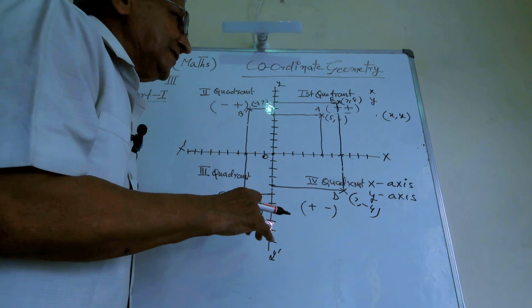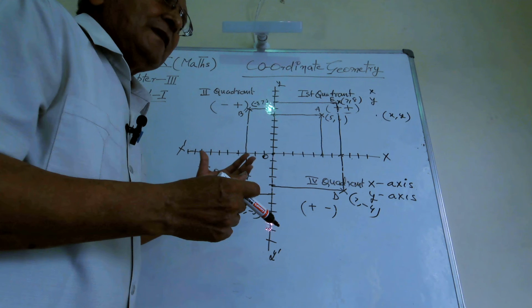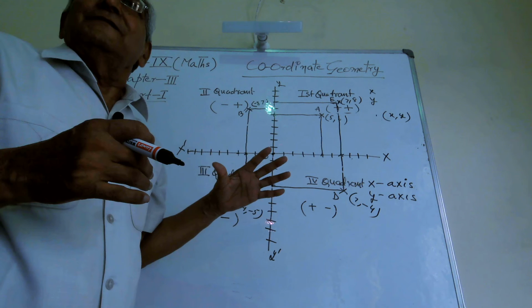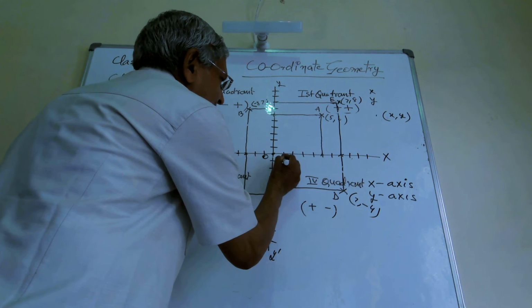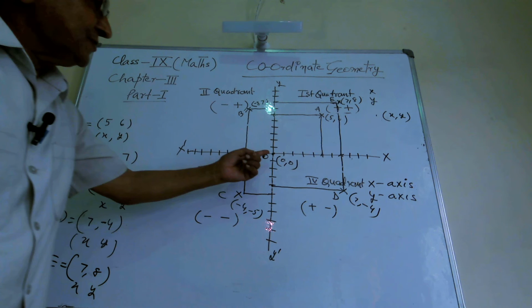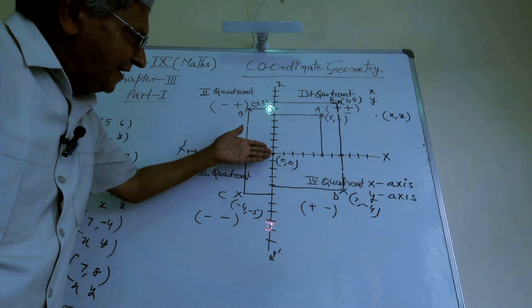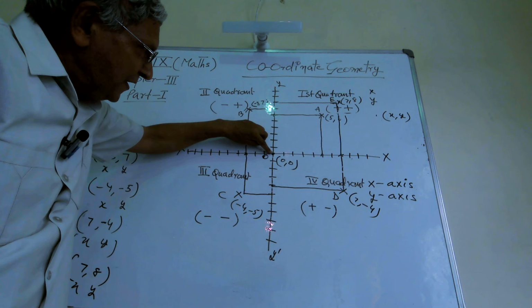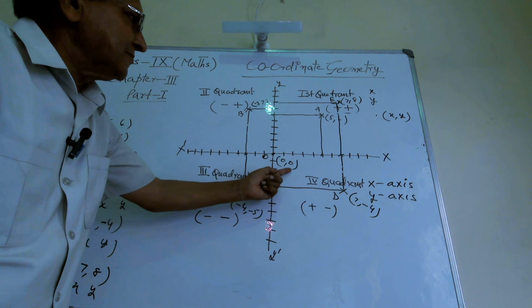Both lines intersect perpendicularly at point O, and the coordinates of O are 0, 0, because the position of x is 0 and the position of y is 0. Both are standing here, there is no movement.